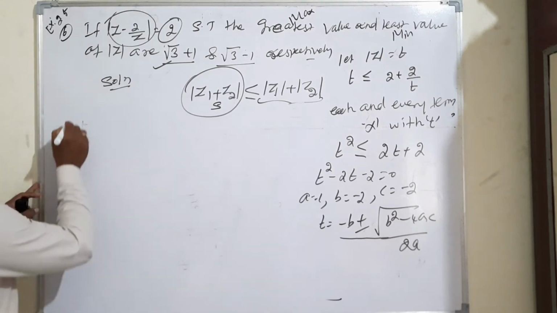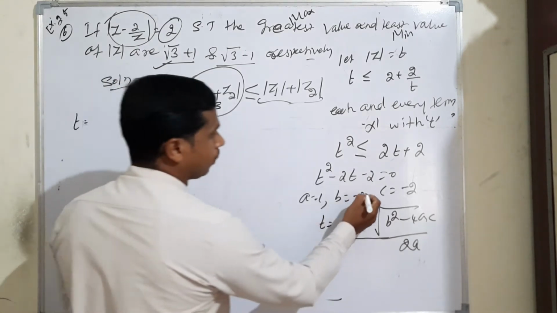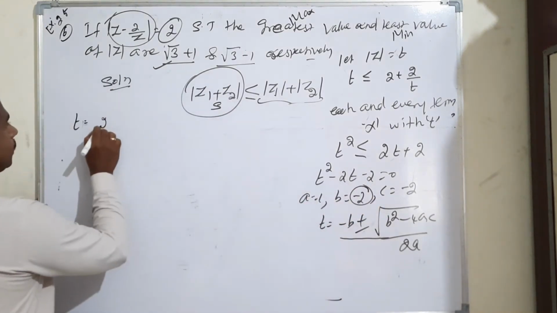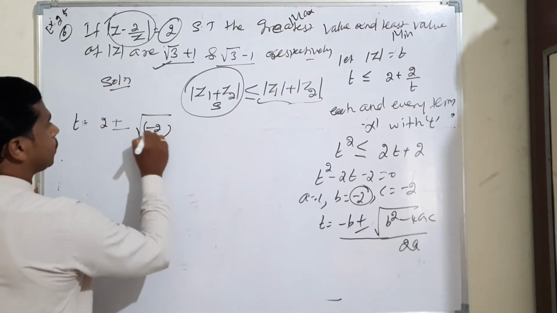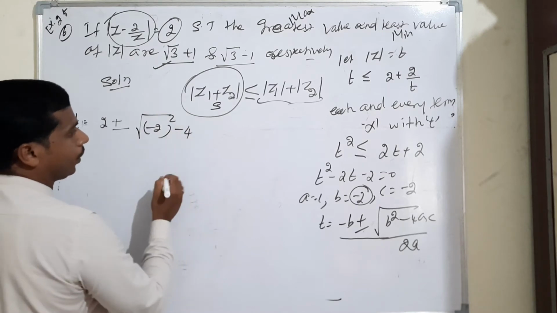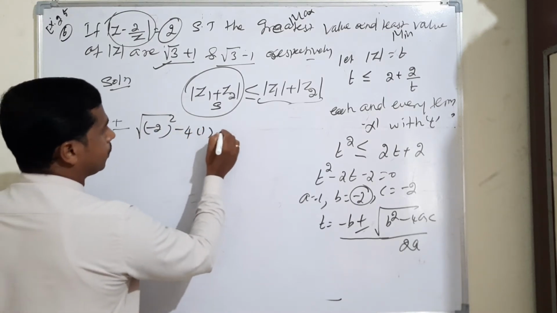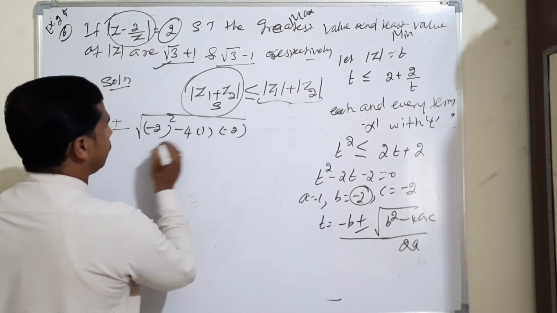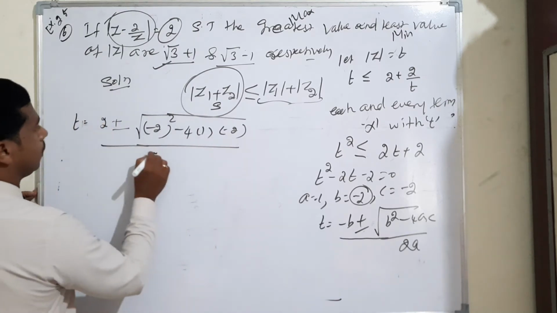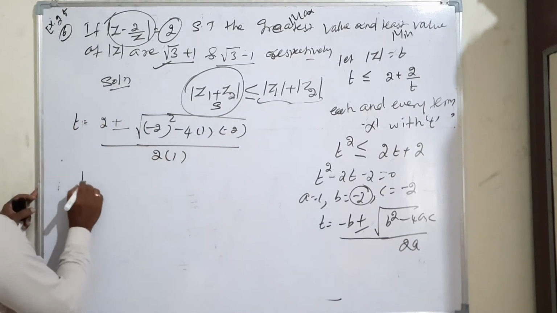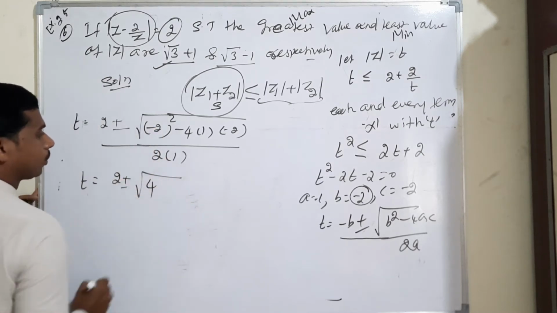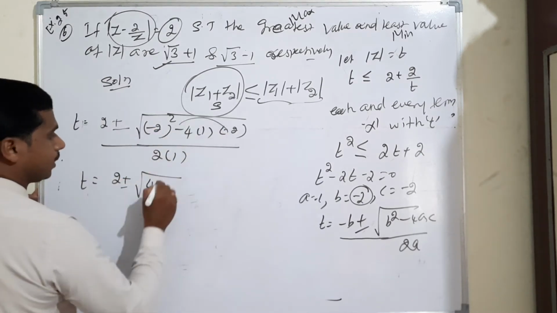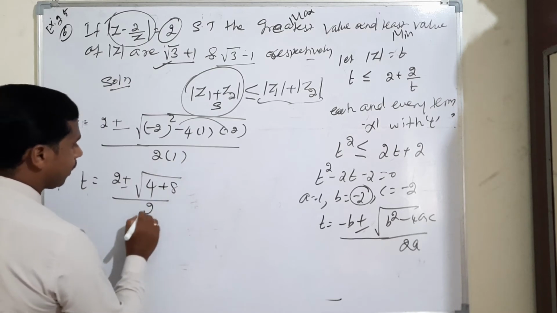So t is equal to, b is minus 2, so we can write positive 2 plus or minus the square root of minus 2 the whole squared minus 4 into 1 into minus 2, divided by 2 into 1. Again t is equal to 2 plus or minus the square root of 4, since minus 2 squared is positive 4, and minus into minus gives plus 8, divided by 2.